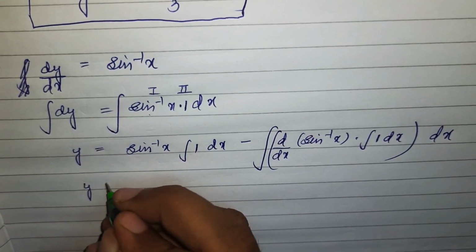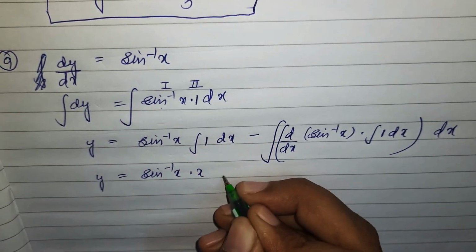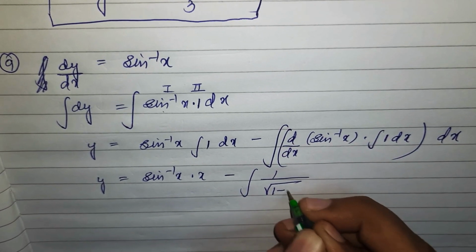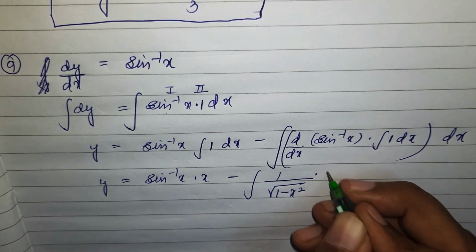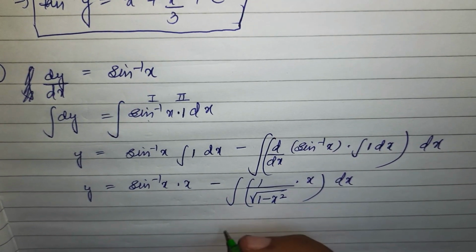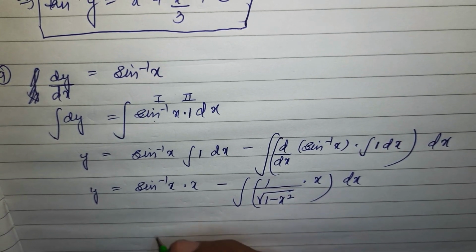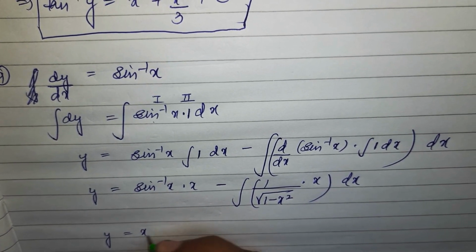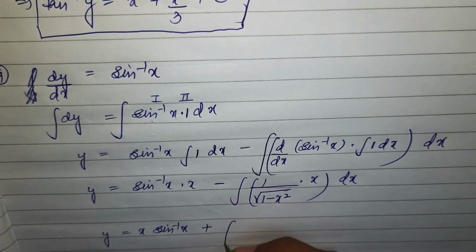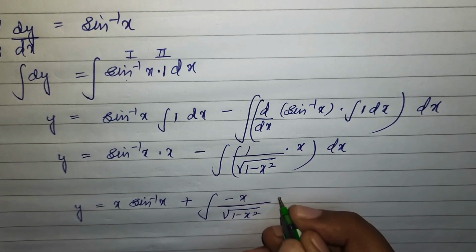So what am I getting? Sine inverse x into x, then minus 1 upon root of 1 minus x square into x dx. So finally I am getting y equals x sine inverse x plus minus x upon under root 1 minus x square dx.